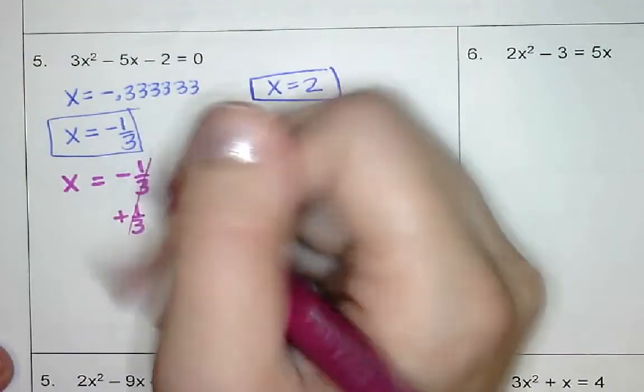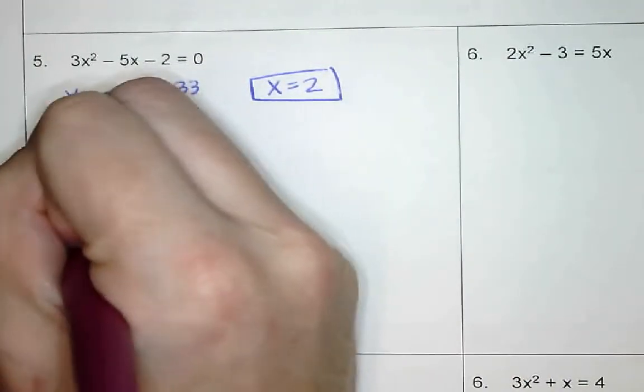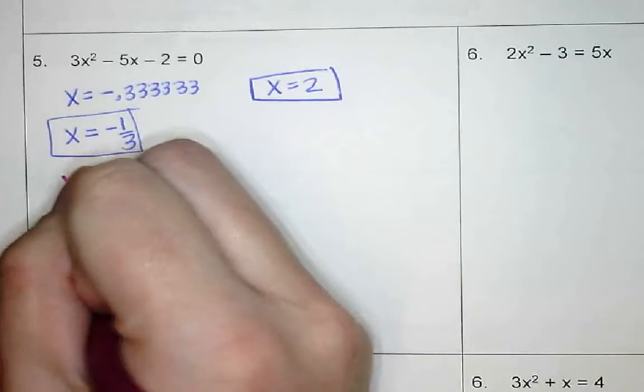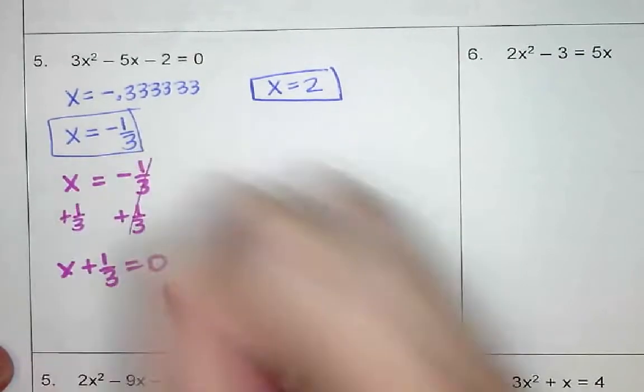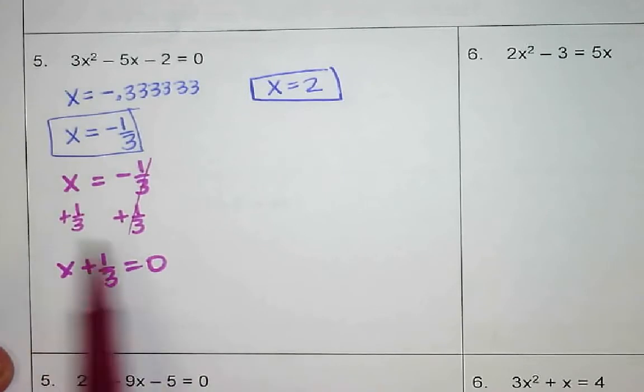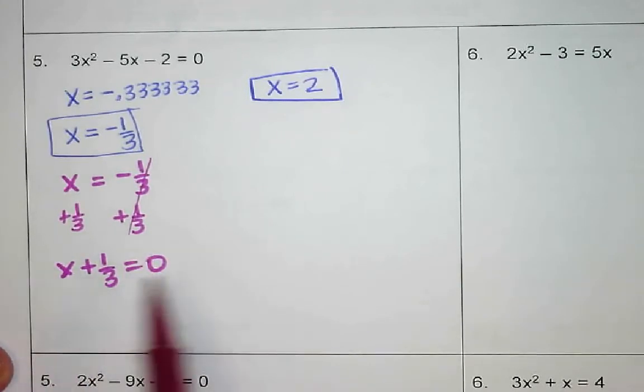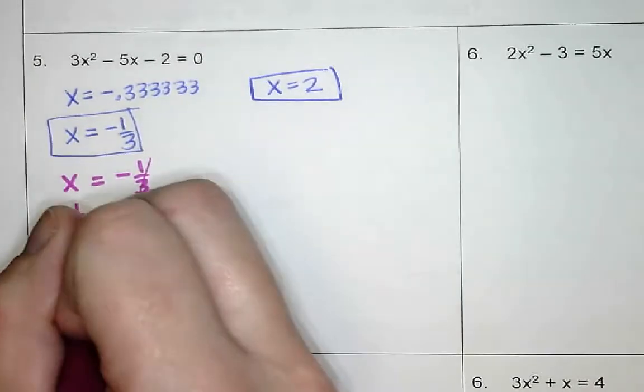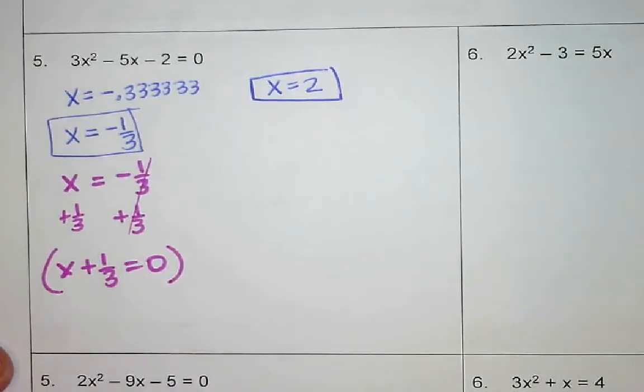What can I do to get rid of my fraction? I'm going to multiply everything by 3. And I'm left with 3x plus 1 equals 0. This just gave me one of my factors, 3x plus 1.